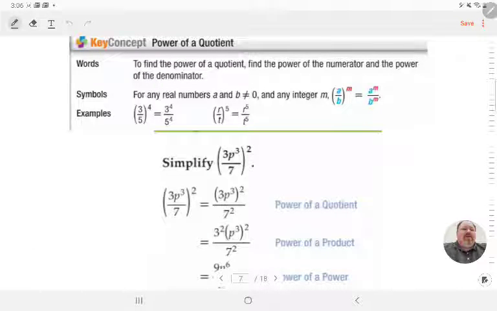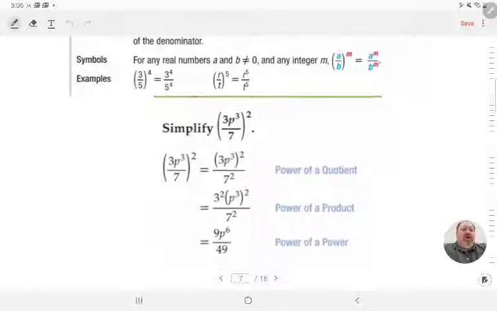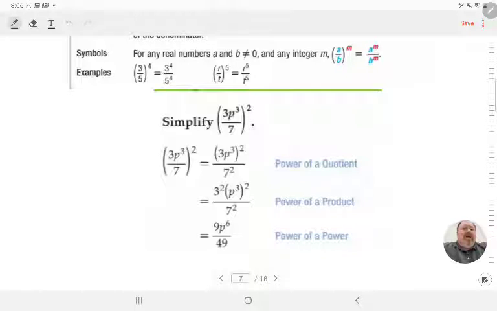Okay? So, for example, we have this problem here. We would have 3p cubed over 7, all squared. Well, we distribute that exponent to the numerator and the denominator. Okay?